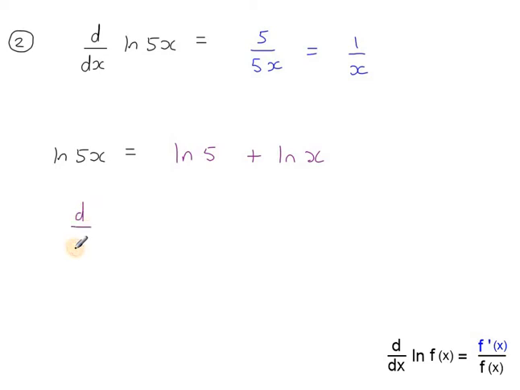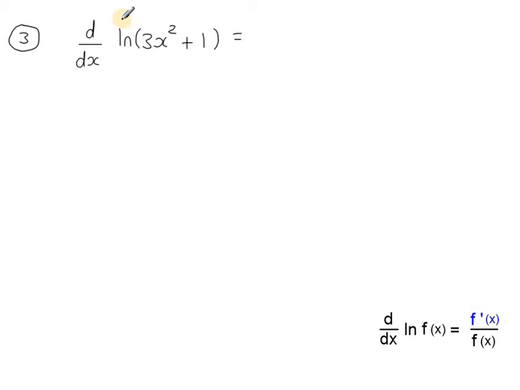So now I've got d by dx of ln 5 plus ln x. Now ln 5 is a constant. When you differentiate a constant you get 0. If I differentiate ln x, the x goes into the denominator. Differentiate the x, you get 1. Same answer.